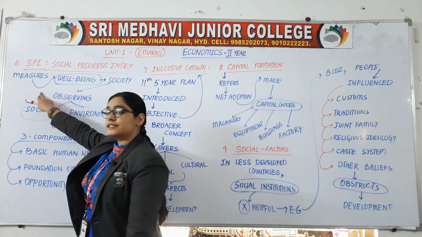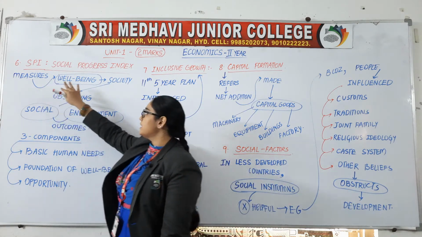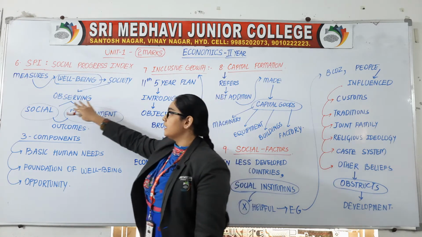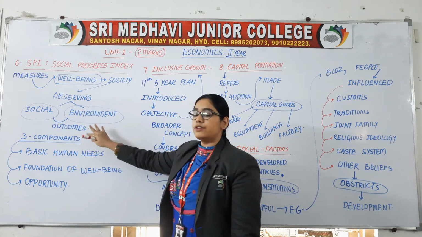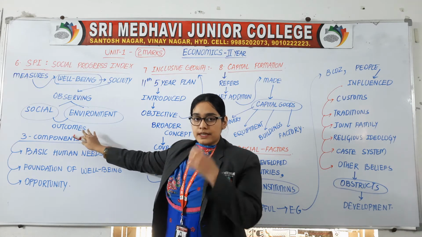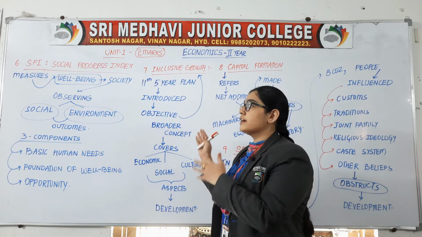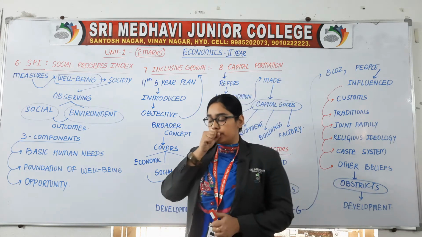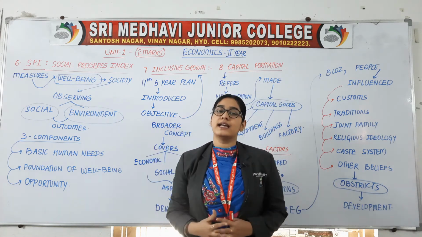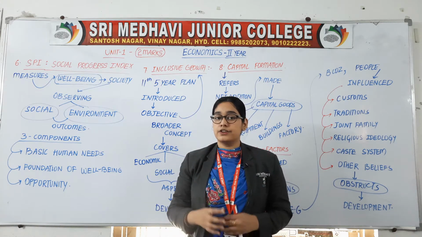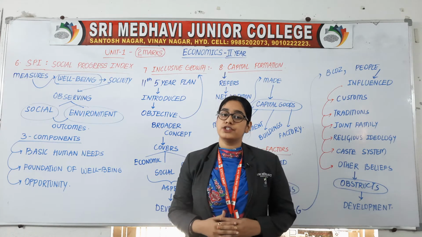It measures the well-being of society by observing social and environmental outcomes. Let me tell you, when you are reading the definition, more than understanding the definition, try to by heart the definitions.